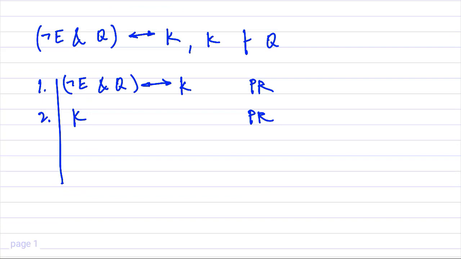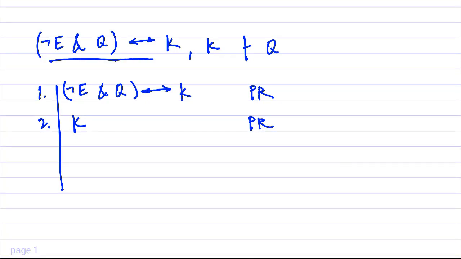In this proof we're just going to use the biconditional elimination rule. So our first premise is not E and Q, if and only if K. And then our second premise is K, and our conclusion is Q. So I've written out the two premises.